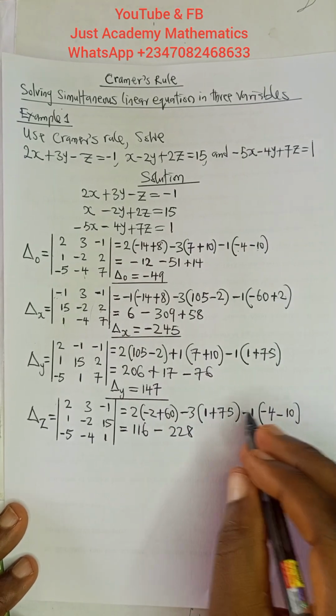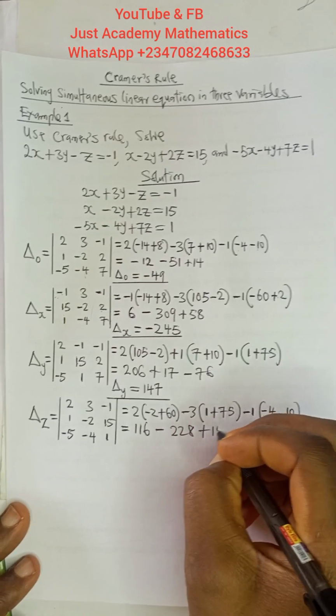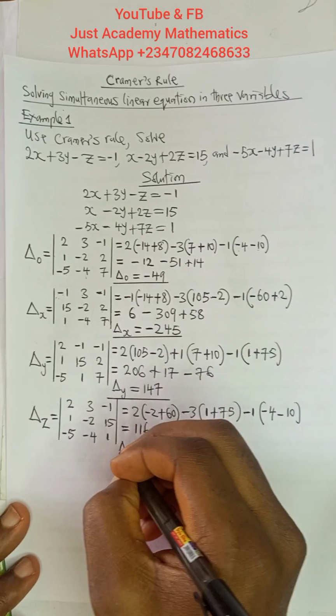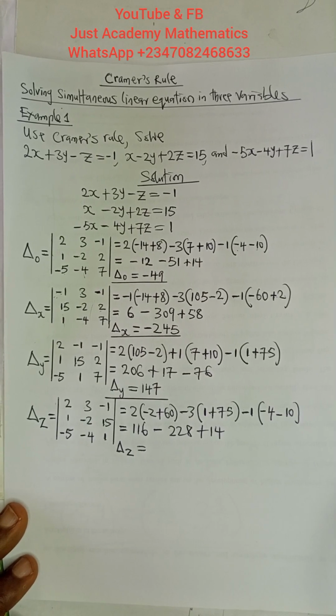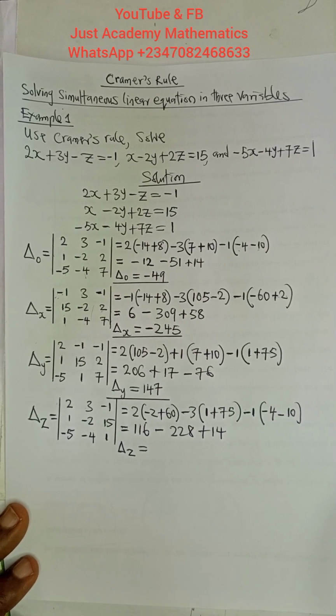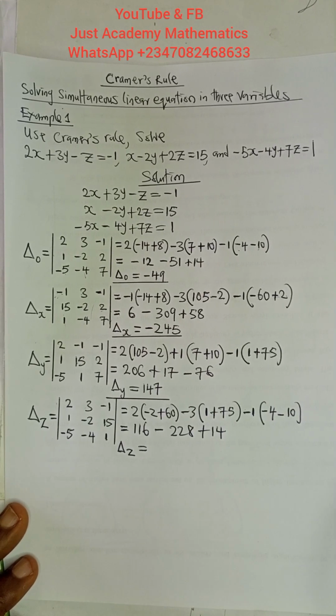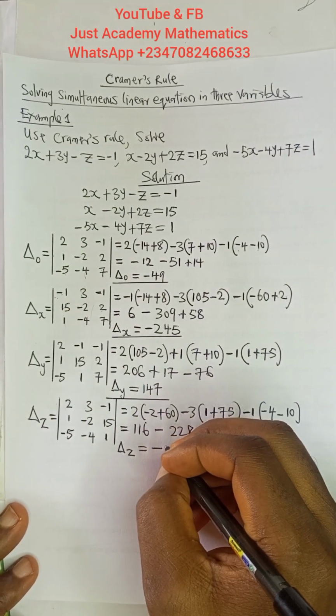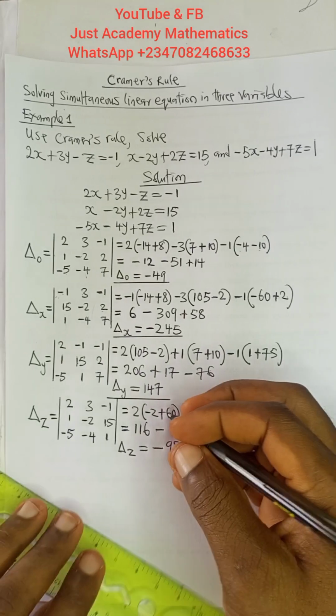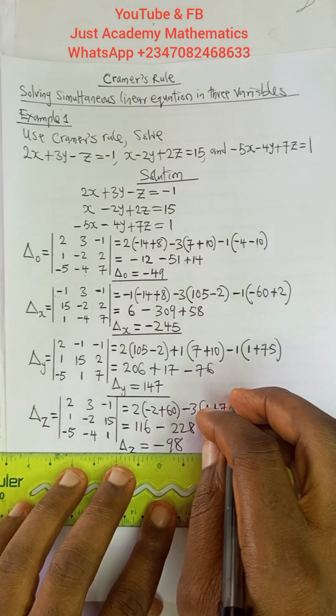Then this is minus 14 times minus 1, plus 14. So what is change in z? Change in z is equal to 116 minus 228 plus 14. That will give us minus 98. Are you following now?